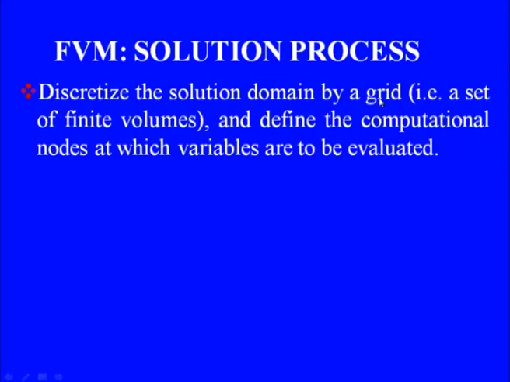So, that is what we will do even in the case of the finite volume method: discretize the solution domain by a grid, that is a set of finite volumes, and define what we call computational nodes at which our problem variables are to be evaluated. Now these computational nodes need not coincide with the vertices or the corners of finite volumes, which we will see shortly.